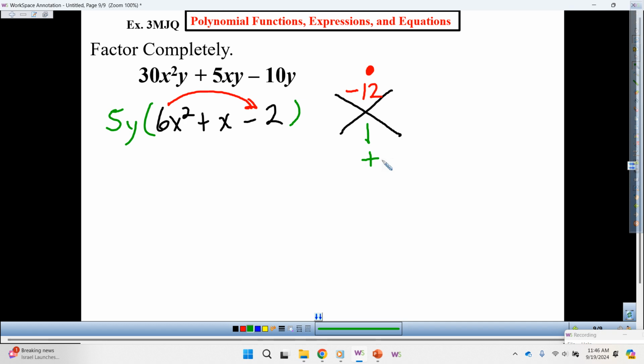What two numbers multiply give me negative 12 that when you add them, give us positive 1? Tell your neighbor, and then Camila's going to enlighten us. Negative 3 and positive 4. Negative 3 times 4 is negative 12. Negative 3 plus 4 is 1.